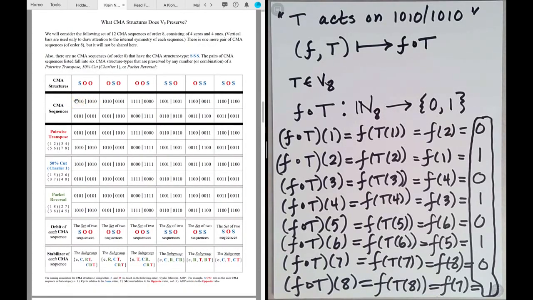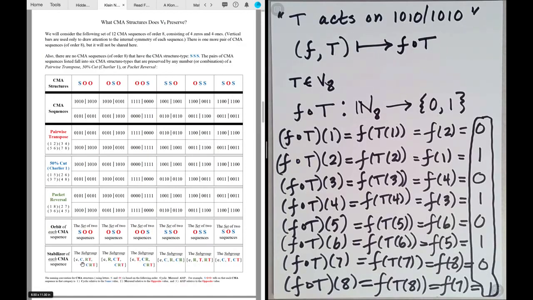Which of the generators in V8 hold that fixed? Well, does the transpose hold it fixed? No. Does the 50% cut hold it fixed? Yes. So the 50% cut will certainly be in the stabilizer of that CMA sequence.